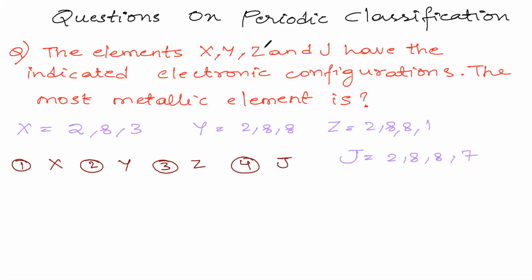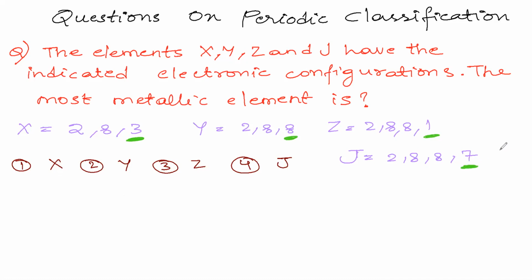If you see only the valence shell, X has 3, Y has 8, completely filled, Z has 1, and J has 7.